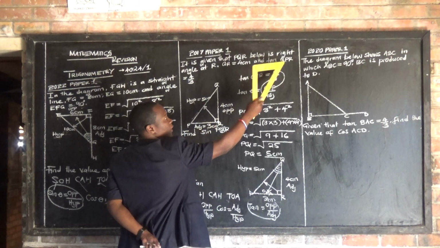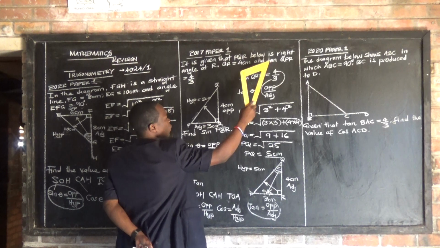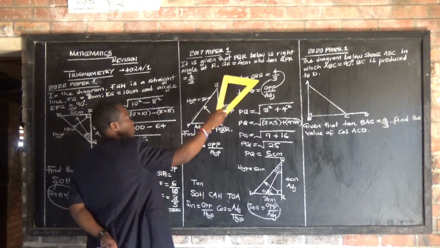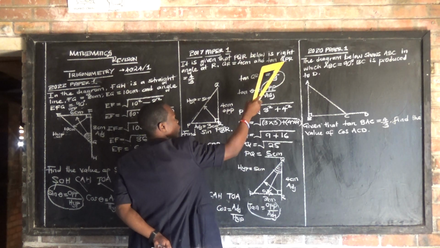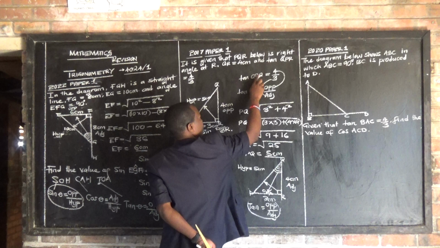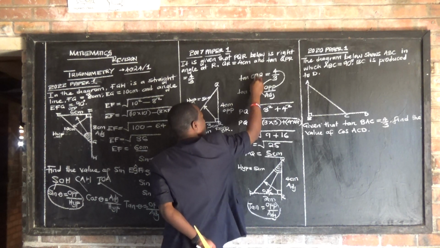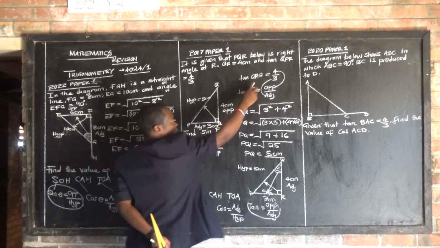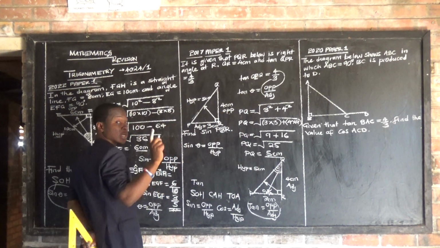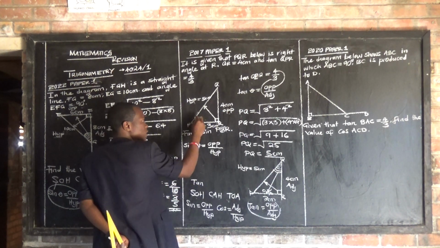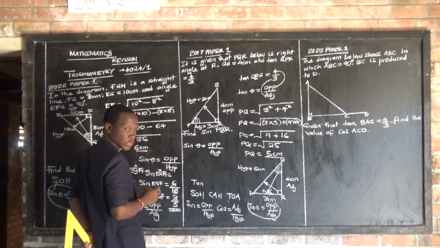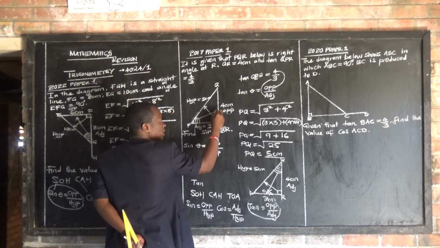Are we together? But for the earlier triangle, which angle were we talking about? Angle QPR, take note. We were focusing on the letter P, because the angle was angle P. So the side opposite to angle P became our opposite.